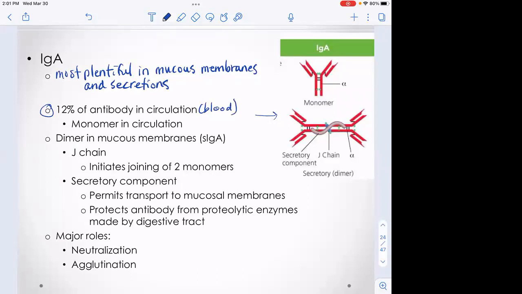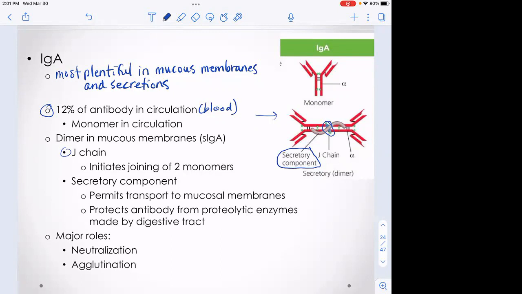But it's the most prominent antibody on places that are really common portals of entry for pathogens, like our respiratory tract, that's a mucous membrane, our gastrointestinal tract, that's a mucous membrane. Okay, so there's this secretory component, a protein that apparently helps that antibody be transferred to our mucous membrane. There's also a J chain that just helps those two antibodies bind together.